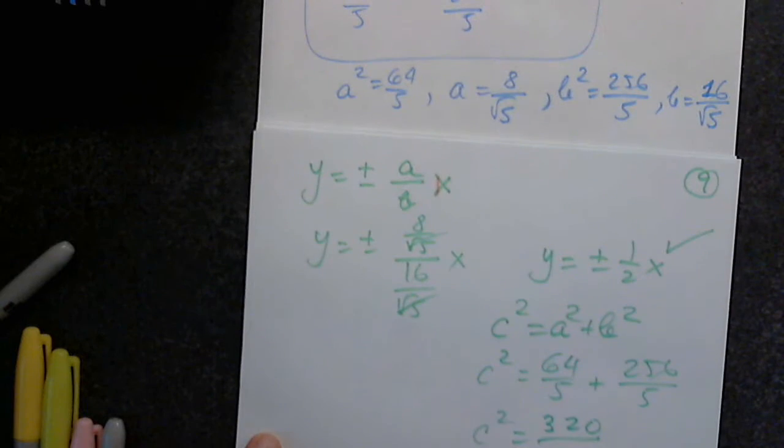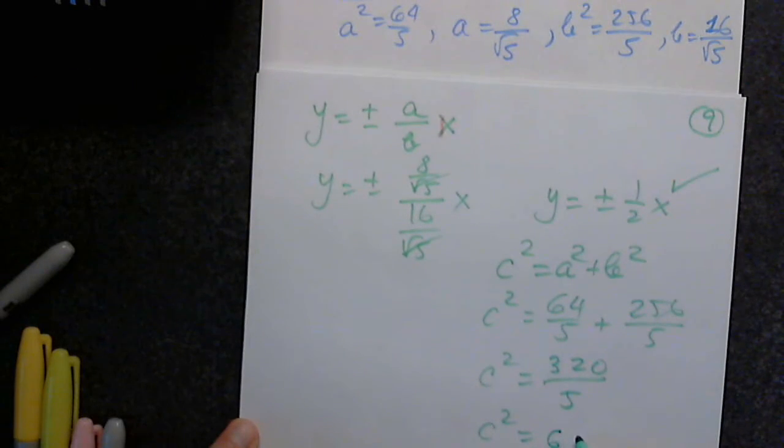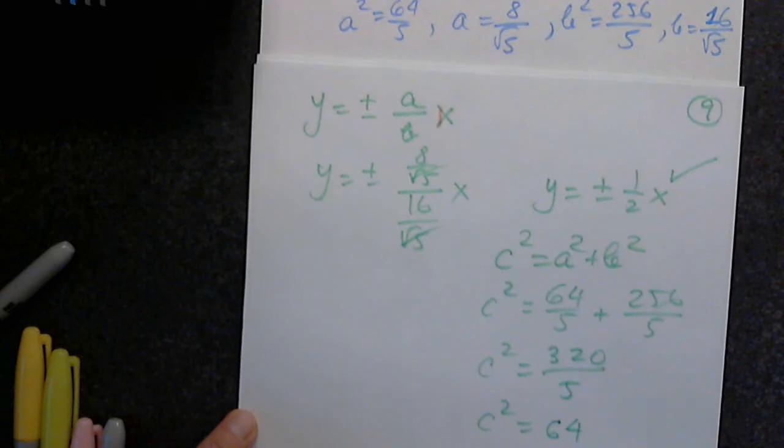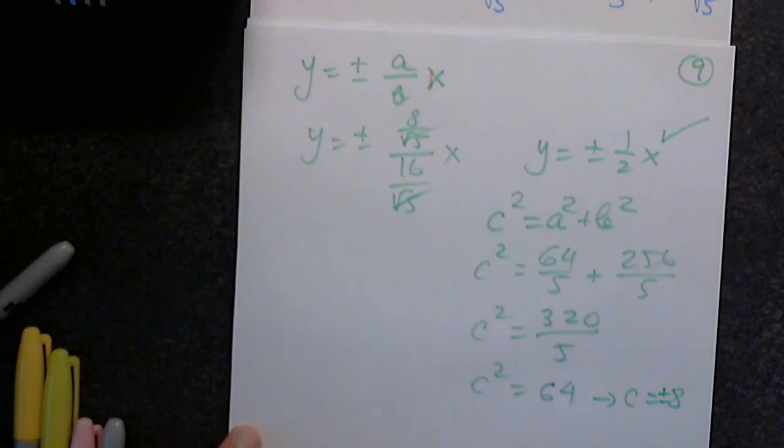Yeah. Okay, then c squared is 64. And when I take the square root, I get plus or minus 8. So then f1 is indeed 0, comma, negative 8, and the coordinates for f2 are 0, comma, 8.